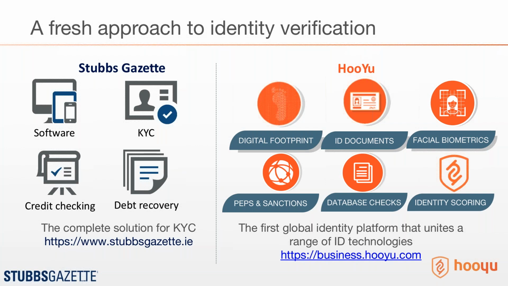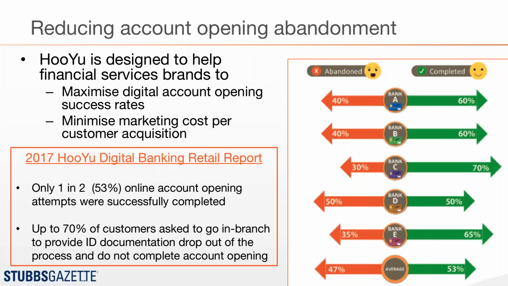And HooYu, together with Stubbs Gazette, we brought everything together in one place to enable Irish regulated merchants to either verify their customers at point of account creation or to verify them on an ongoing basis, as is laid down in the regulations.